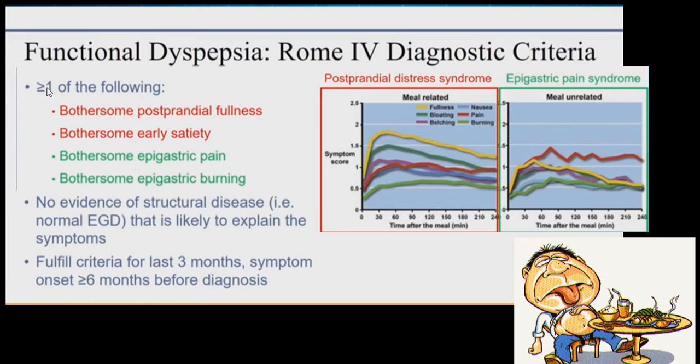You have to have minimum one of the symptoms, and on investigation no evidence of structural disease, particularly on endoscopic examination, which is likely to explain the symptoms. So clinically we do not establish an organic cause, and this criterion should be present for the last 3 months, and symptoms lasting more than 6 months before the diagnosis.